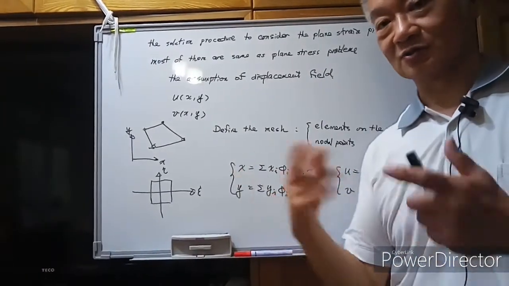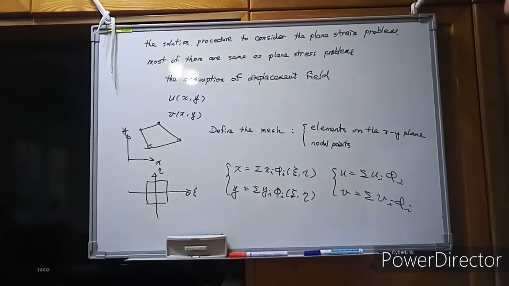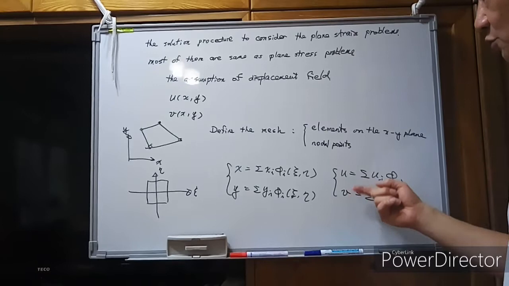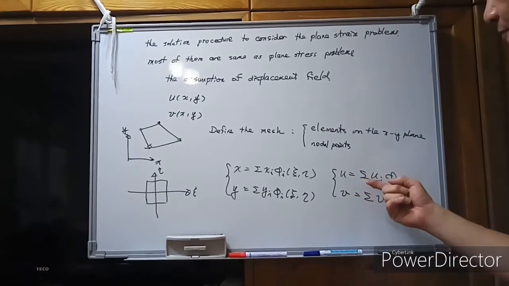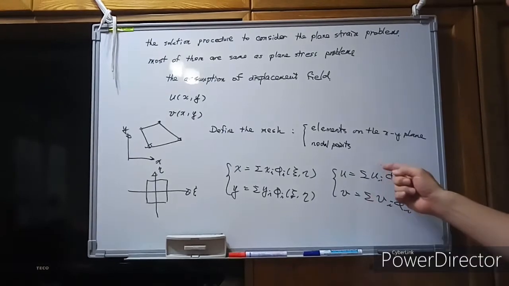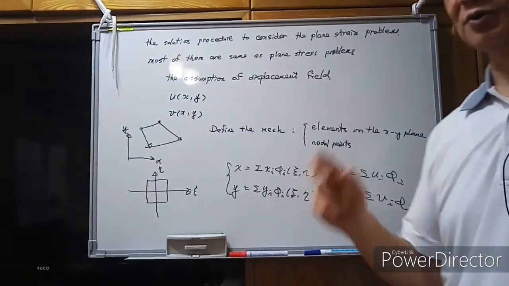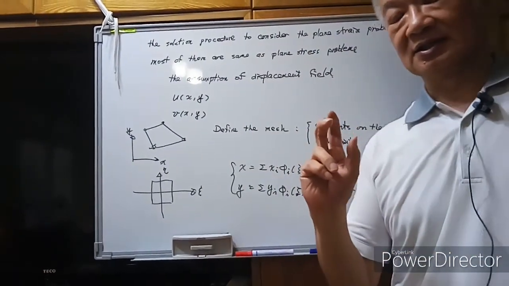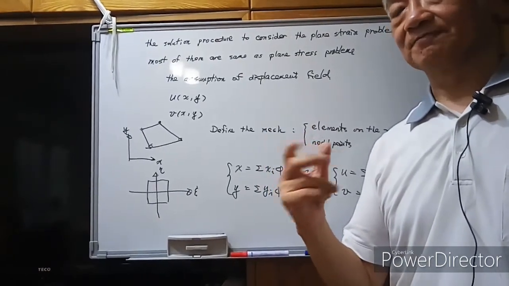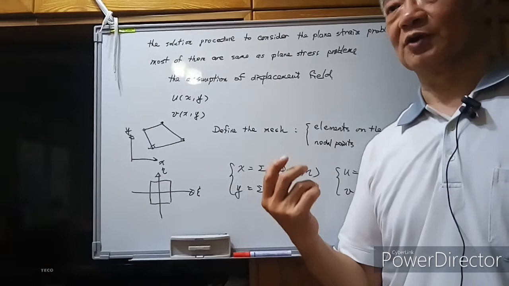Okay, you don't need to guess what kind. Also the other two equations, the u and the v equations. But for the u and the v equations, the ui and the vi, remember, are unknown, or they are the assumed values right now.